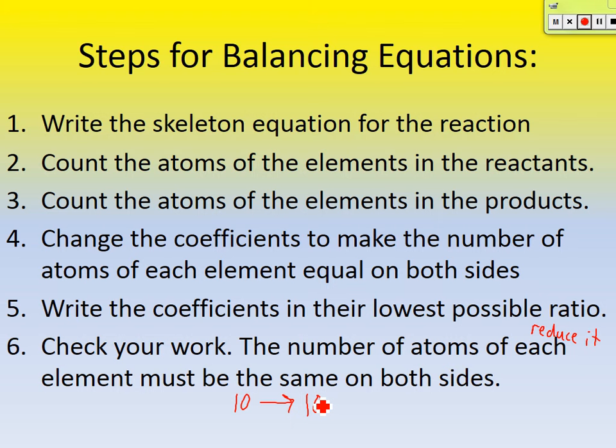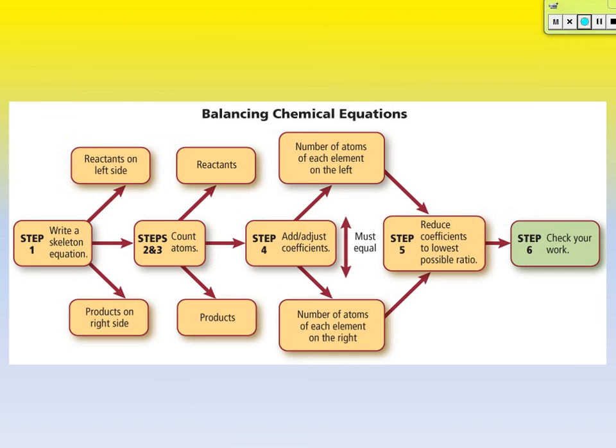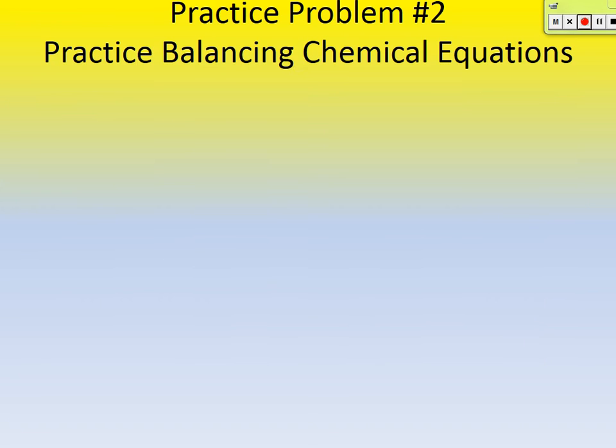Law of conservation of mass. You can't create nor destroy mass, so it's got to be the same on both sides. This is a nice flow chart if you're into flow charts and you like looking at them, but I think it'll make sense as we go through some practice problems.